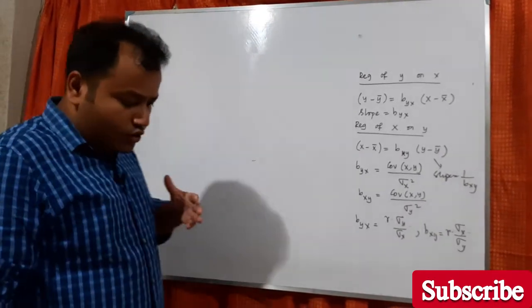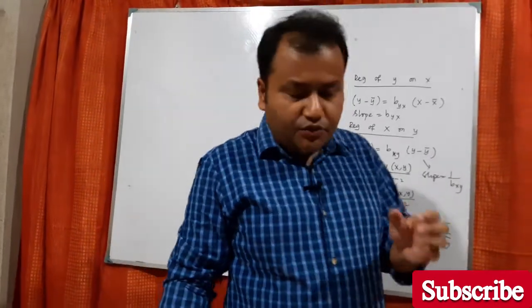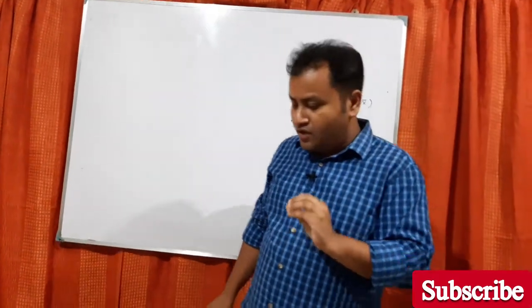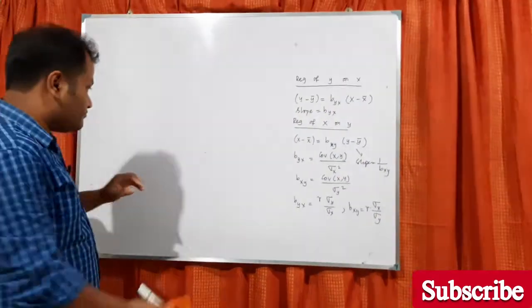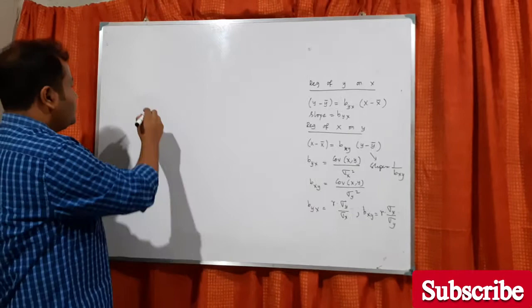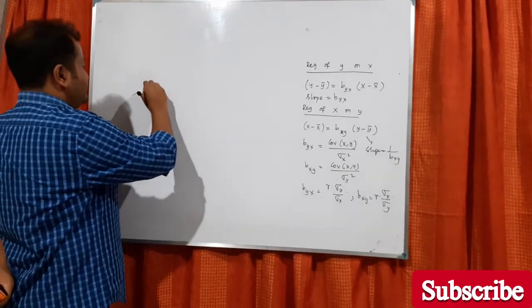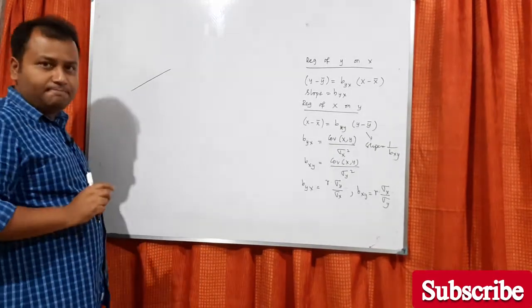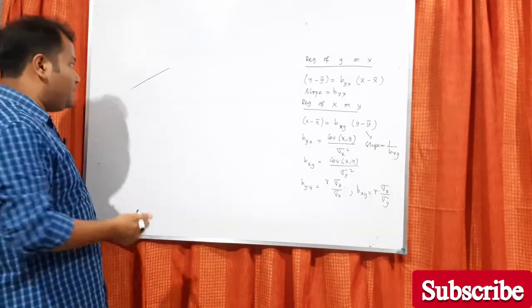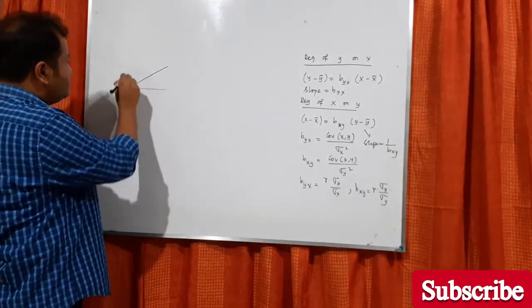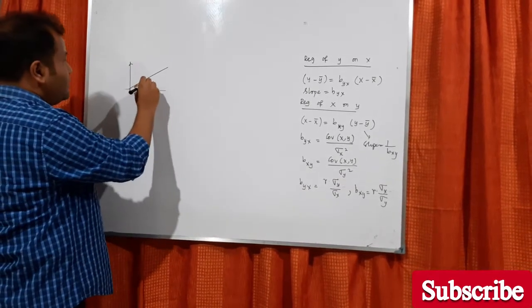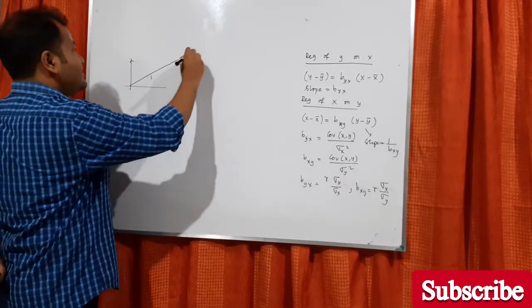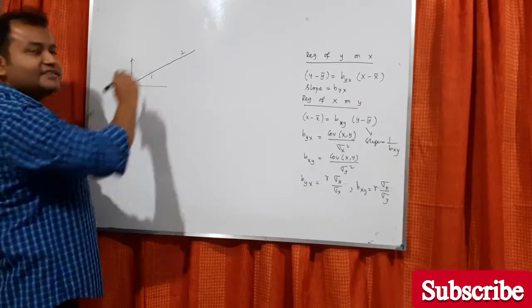Now I think we should go back to geometry and try to understand some of the basic concepts. The basic concept is that if two lines coincide, that means basically two lines are the same line, then what will happen? Then their slope. So if this is line number 1 and this is line number 2, they are the same line.